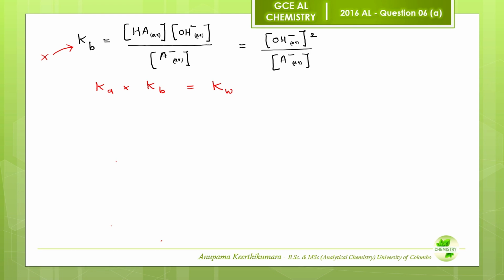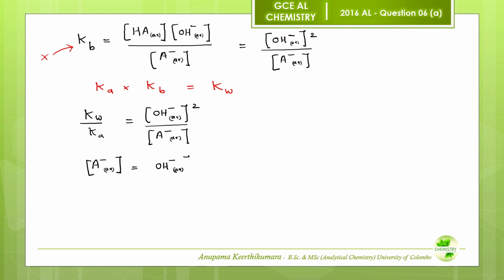Kb is Kw divided by Ka, which equals the OH minus concentration squared divided by the A minus concentration. So, the A minus concentration equals the OH minus concentration squared multiplied by Ka divided by Kw.